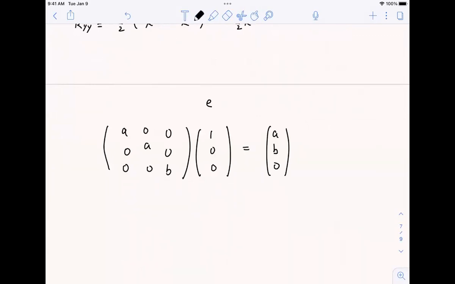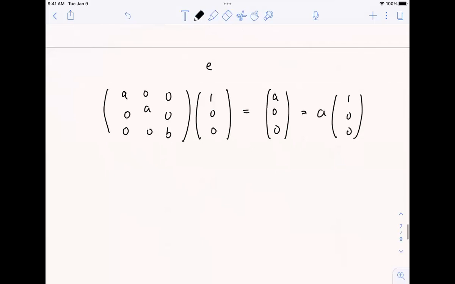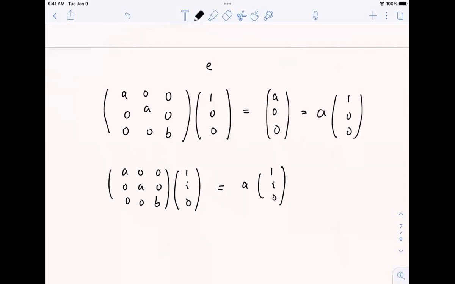So you get A11. Similarly, the same for X and Y. If you put in 1i, then you're going to get A1i.